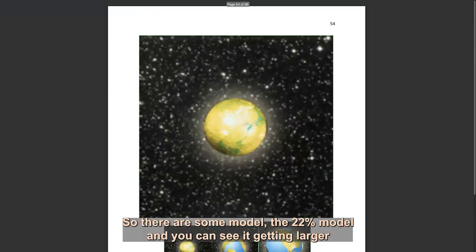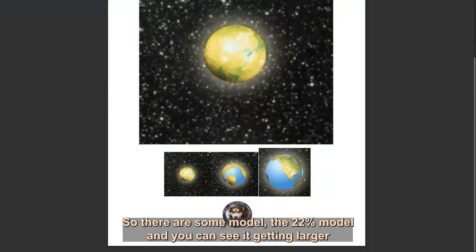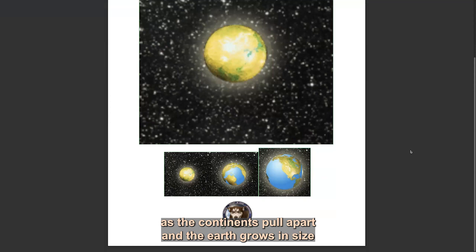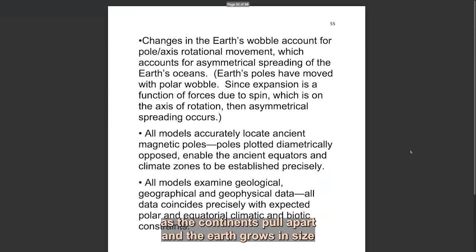Additionally, all continental motion is in direct synchronization with Earth's torque and centrifugal forces resulting from the spin of the Earth. Some of the continents by random continental drift go against that. It's not even possible. So there's the model, and you can see it getting larger as the continents pull apart and the Earth grows in size.